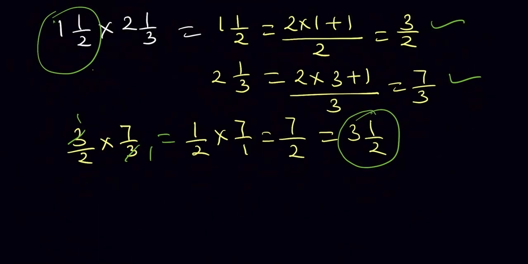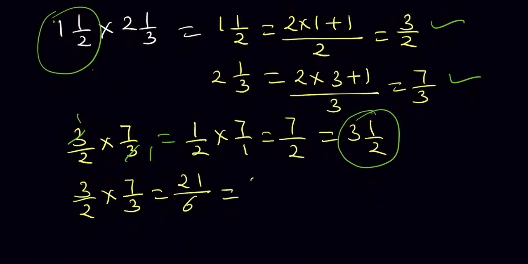Or we can do it as 3 by 2 into 7 by 3 equals 7 threes are 21, 2 threes are 6. If we convert this 21 by 6 into lowest form, we can see both numbers are divisible by 3. Let's divide by 3.